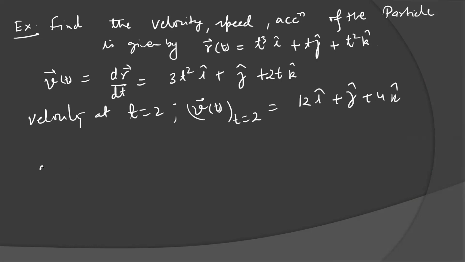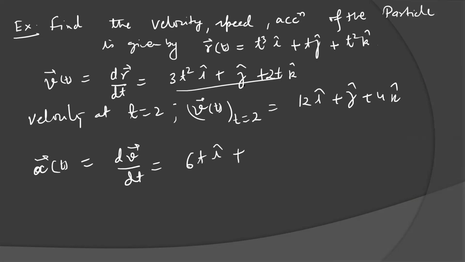What about acceleration? The acceleration vector is given as dv over dt. So again differentiate it, you will get 6t i plus, differentiation of j will be 0, plus 2k. This is your acceleration.